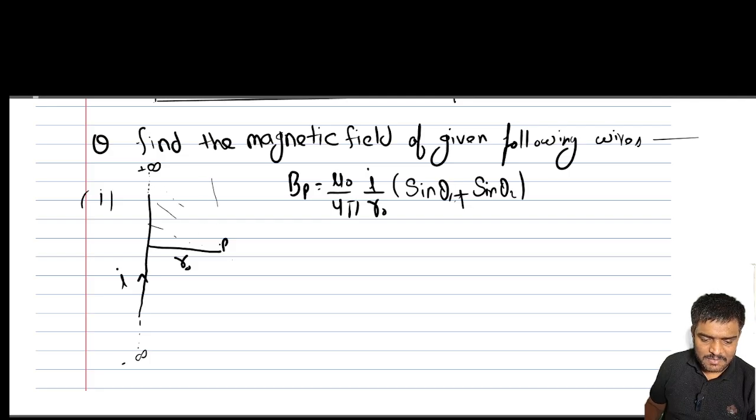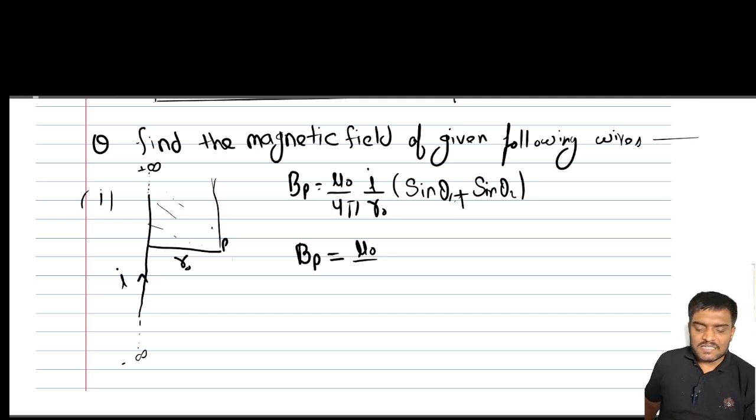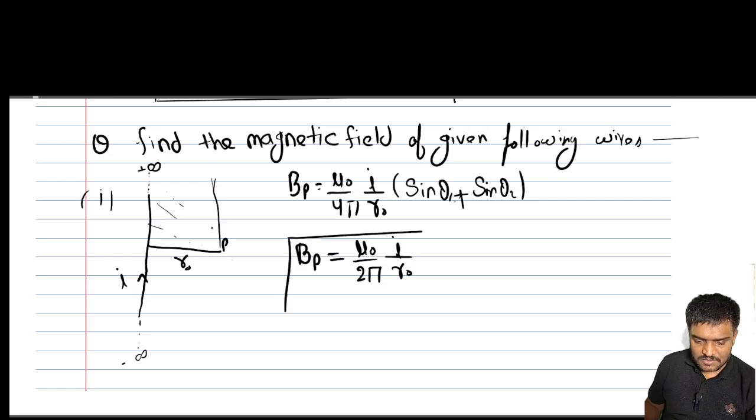At infinite it will be 90 degree. Theta 1 and theta 2 both are at infinite, so you can assume the nearest value. So sin theta 1 plus sin theta 2 is 90 plus 90, that is 2. So the final answer is mu naught I by 2 pi R naught.